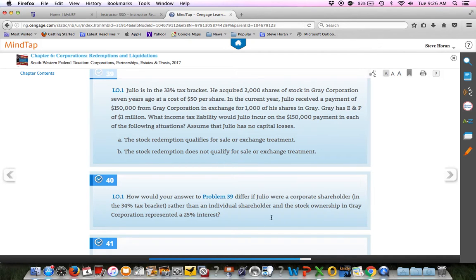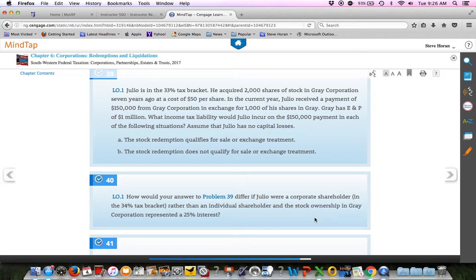Letter 40, how would you answer problem 39 if Julio were a corporate shareholder in the 34% tax bracket rather than an individual, and the stock ownership in Gray represented a 25% interest? So it'll be a little bit different situation for question 40. For question 40, letter A, tax liability for a corporate shareholder would be $34,000.